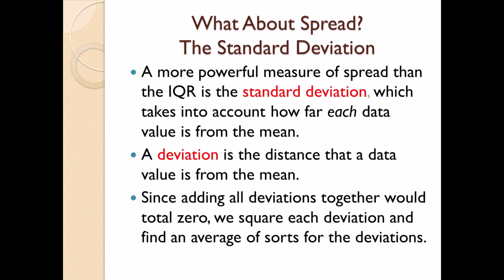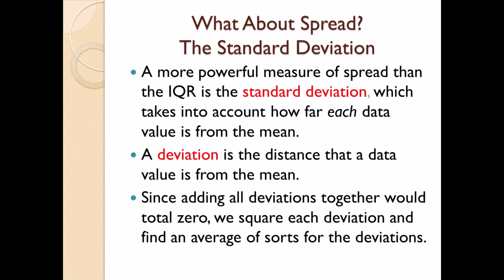Now, a deviation, again, is the distance that a data value is from the mean. Deviation, just like differing from normal, if you consider the mean to be normal. Now, the issue we run into is that if we try to average these in the classic way, adding up all those deviations and dividing by however many there are, you're going to end up with zero, because some of those values will be a certain distance positive, and some will be a certain distance negative.